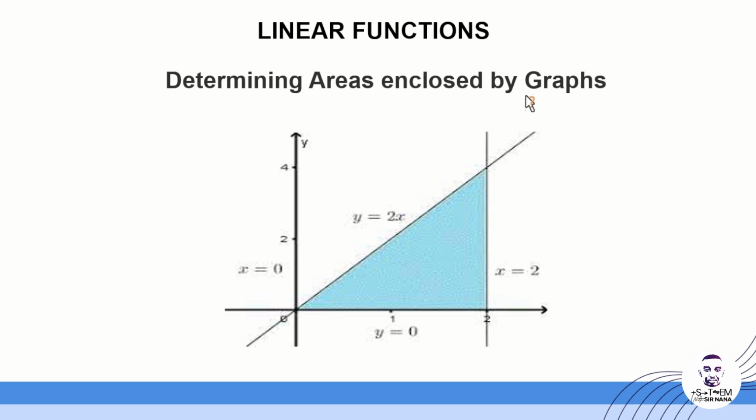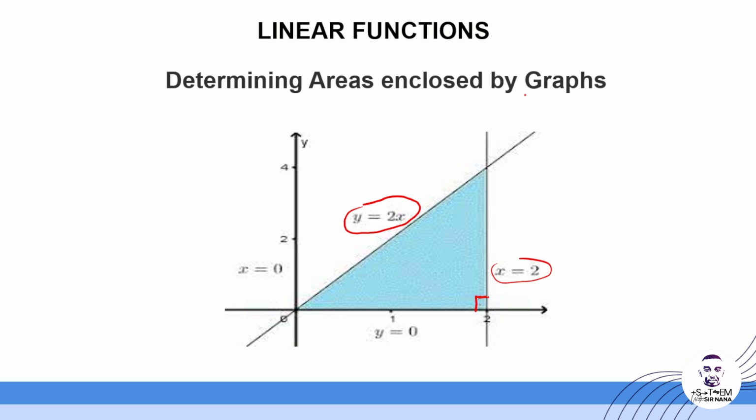So basically, when we are determining the area enclosed by graphs, we realize that every graph, for instance, in this case, the graph y is equal to 2x, right, has enclosed an area between x is equal to 2, which we have the line here, and y is equal to 0. And we see that that area is that of a triangle, right? Specifically the right angle triangle.